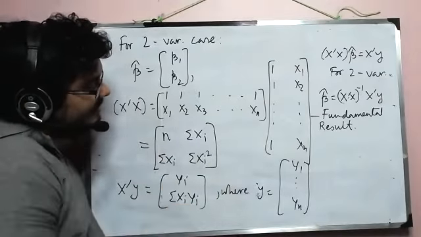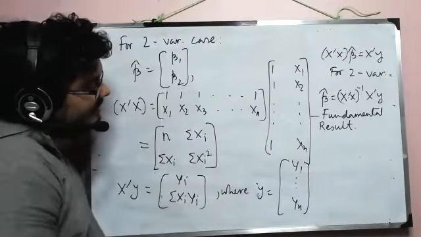So (X'X)^{-1} X'u, and there is a transpose. And here goes our second bracket. So if I now open it, it will follow the same rule, but obviously here you have the transpose.